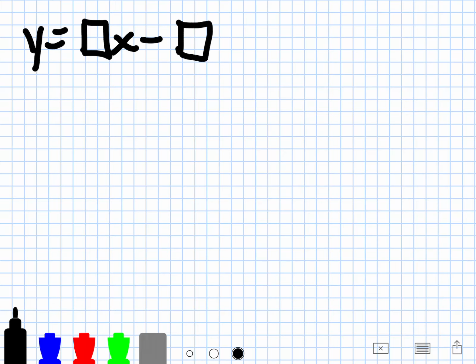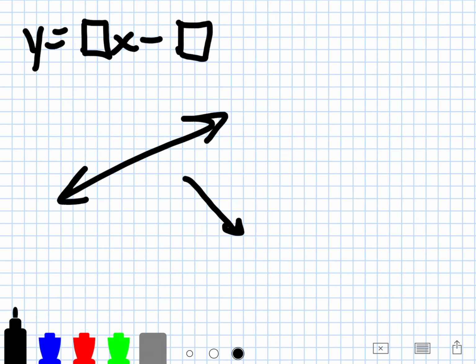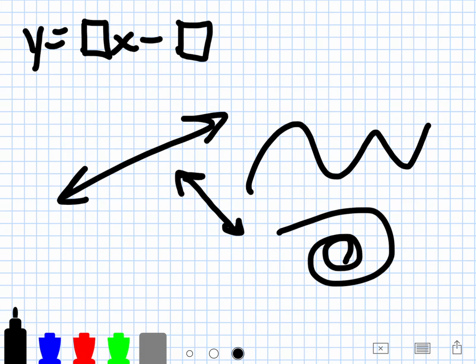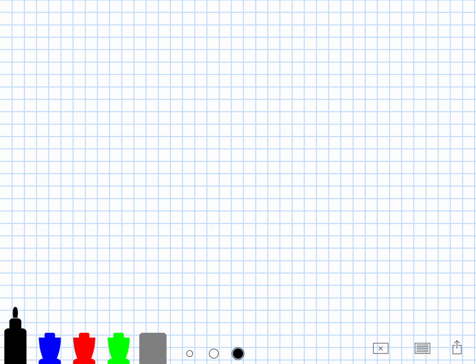What I want to talk about now, y equals is usually going to be some kind of line that has a positive or a negative slope. It's some kind of function. It's not wavy. It's not crazy. It has this standard direction and format.